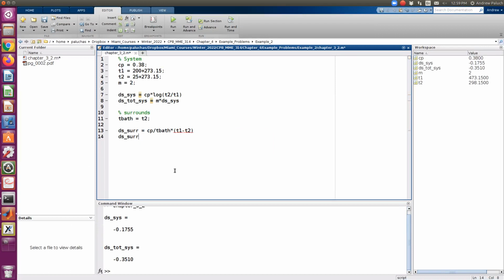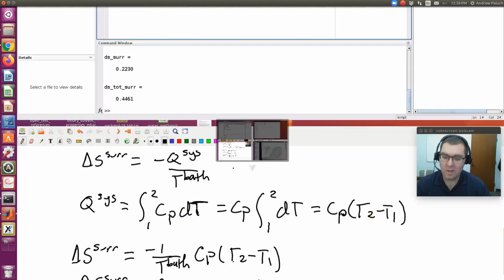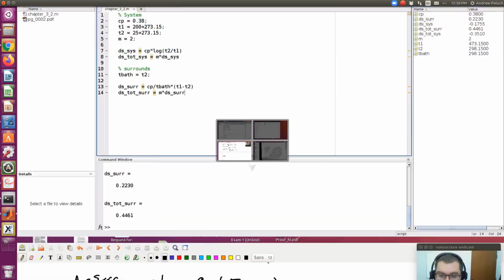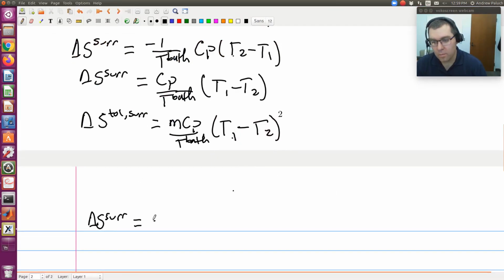Or if I want the extensive value, it's just the mass of my block times that value I just computed. So now this time it's positive. Delta S of my surroundings is 0.2230 kilojoules per kilogram Kelvin.